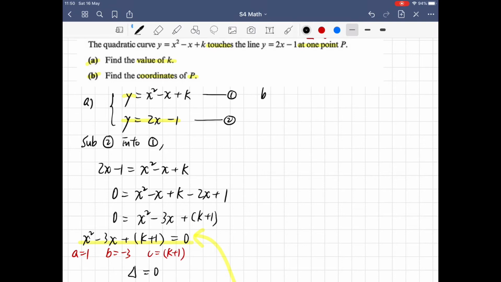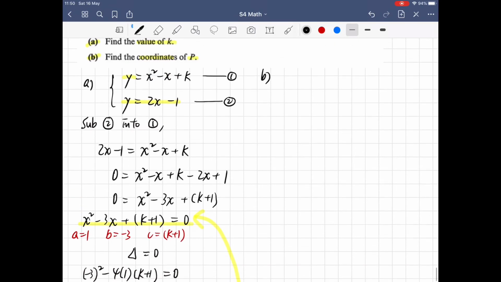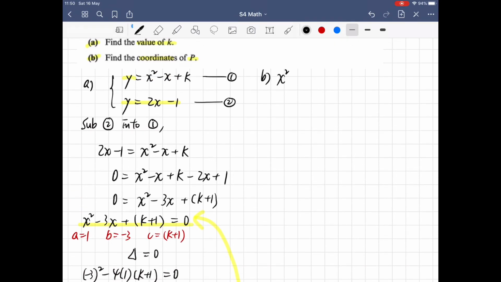So for part B, we have x squared minus 3x plus 5 over 4 plus 1 equals 0. And we have x squared minus 3x plus 9 over 4 equals 0.